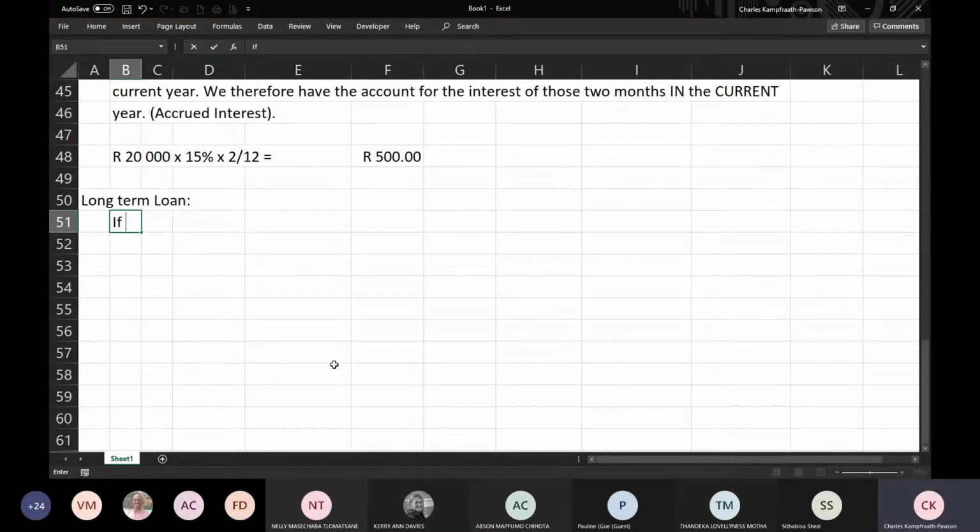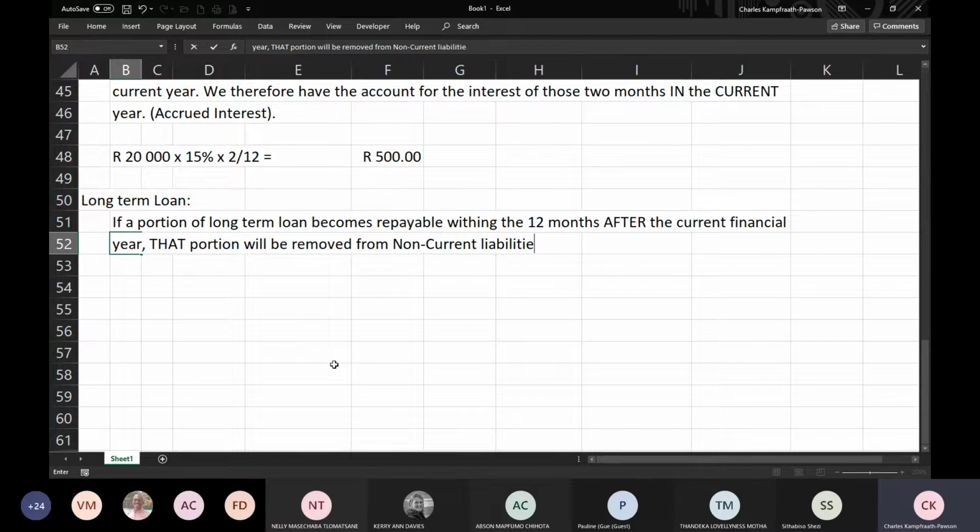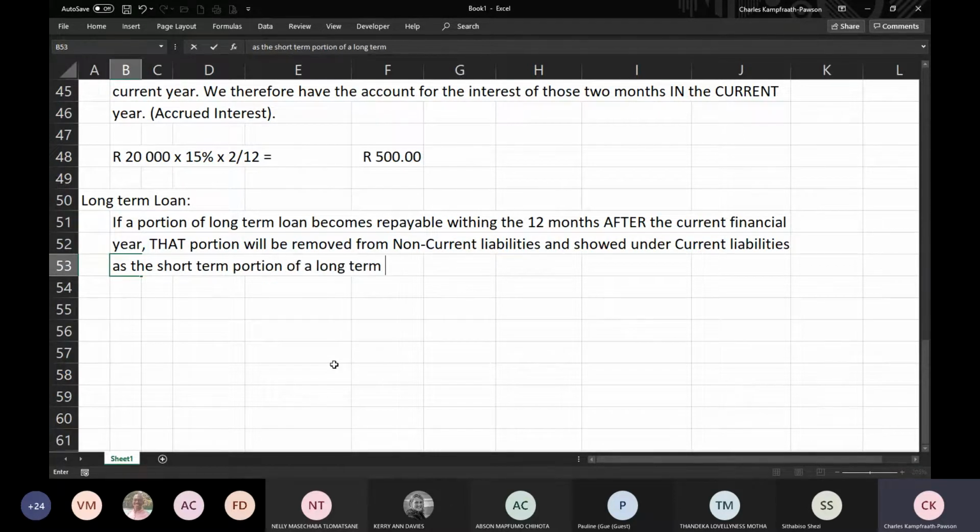Basically what it just says is that if a portion of a long-term loan becomes repayable within the 12 months after the current financial year, that portion will be removed from non-current liabilities and shown under current liabilities as the short-term portion of a long-term loan.